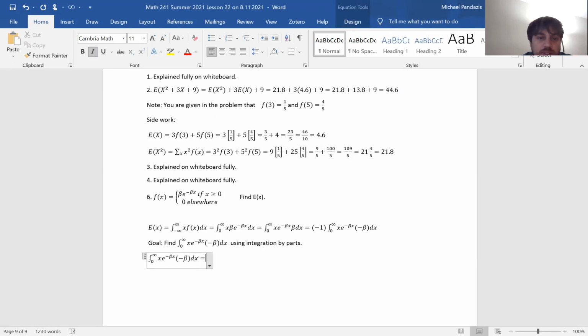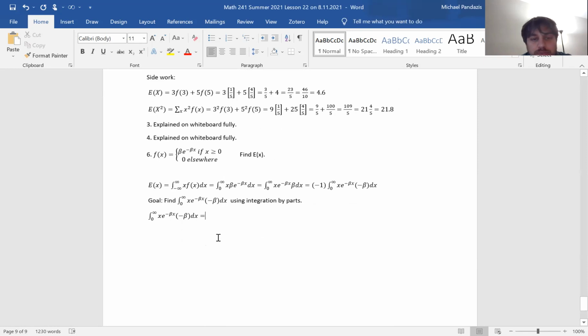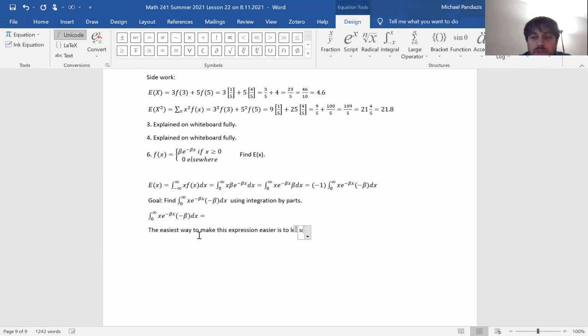So I need to make this expression simpler. The easiest way to make this expression easier is to let u equal x and dv equal e to the negative beta x.